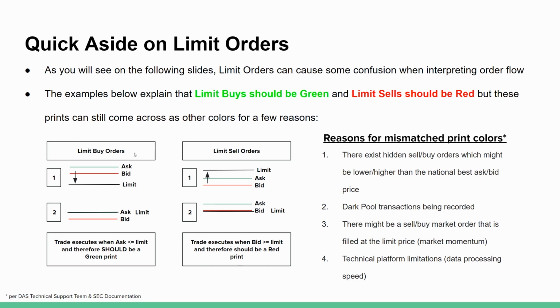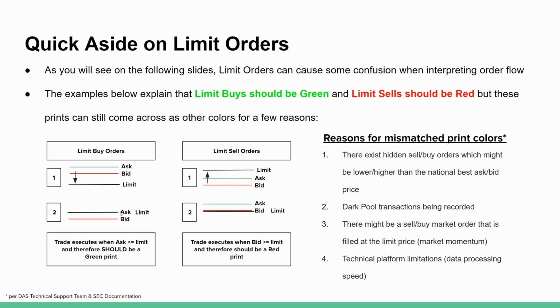a limit buy, right? So with a limit buy order, you start out, you put your limit below where the current bid-ask spread is, right? According to SEC documentation, for your limit order to get executed, the ask price has to drop either equal to or below your limit price, okay?